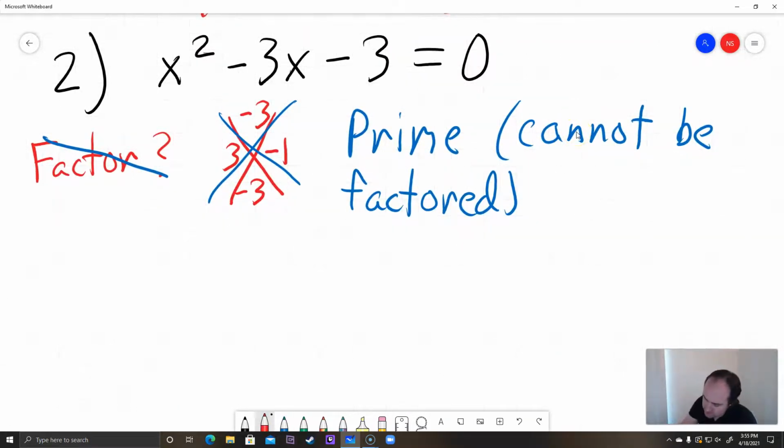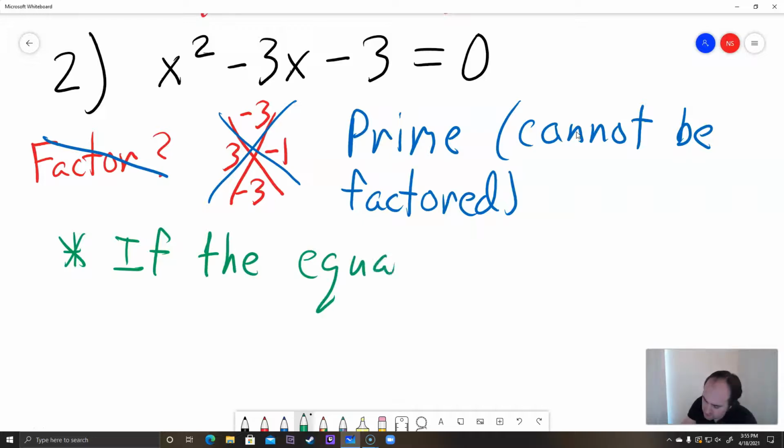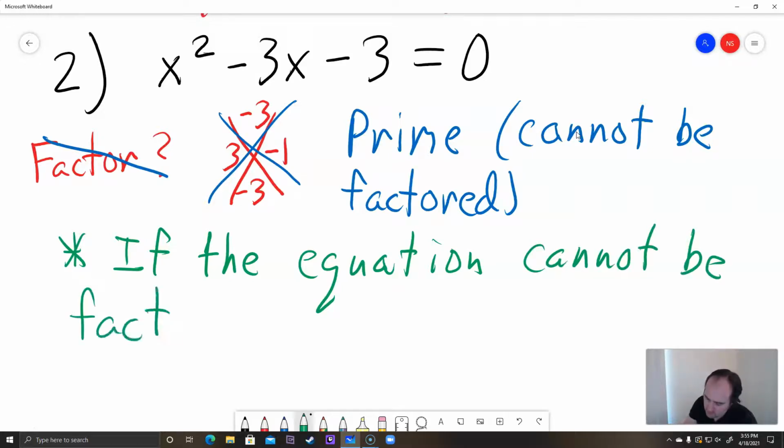Okay, so if the equation cannot be factored, then we have to use the quadratic formula.